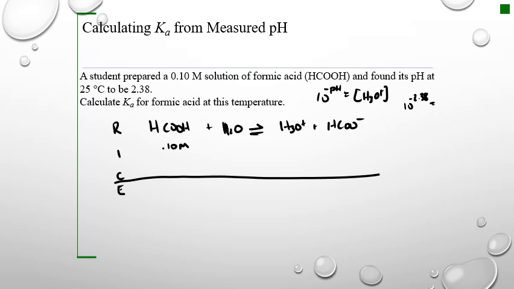If I take the inverse log of negative 2.38, I end up with a concentration of 0.00417. So I know initially I had 0 for each of these, this was a minus x, this was a plus x. Now I know what my x value is, because at equilibrium I have 0.00417.